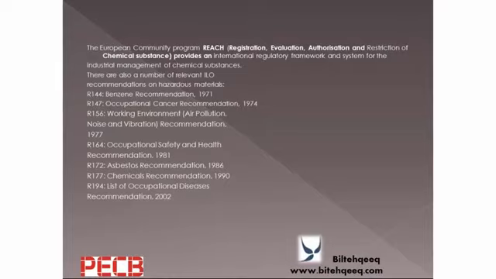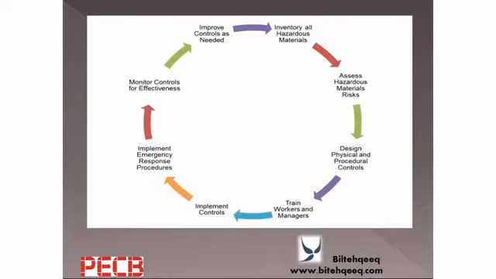If you see the cycle, it is starting from assessing hazardous material risk, and then you need to design physical and procedural controls, and after designing the controls, you have to train workers and managers, and then implement controls, and after implementing the controls, implement emergency response procedures and monitor controls for effectiveness and improve controls as needed.